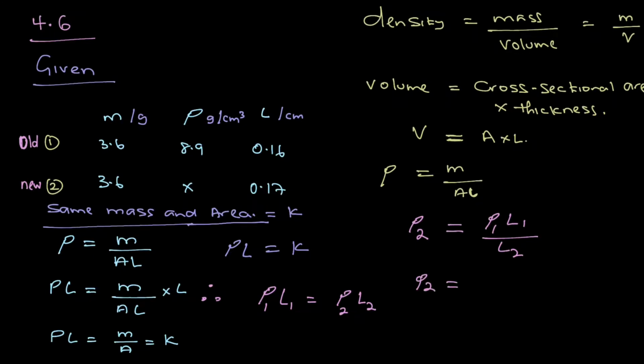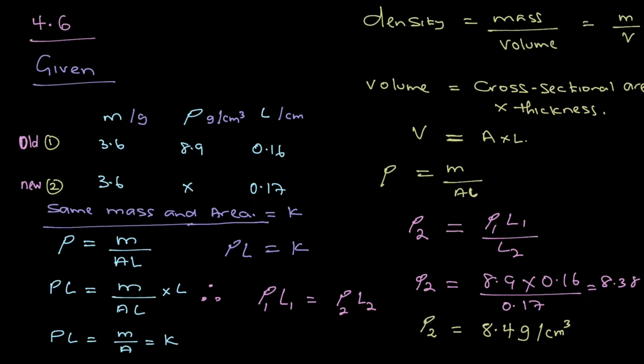Rho 2 equals 8.9 times 0.16 over 0.17, and that equals 8.38. Therefore, density 2 for x will be equal to 8.4 grams per centimeter cubed. And that is the answer we're looking for. So that's the value of x.